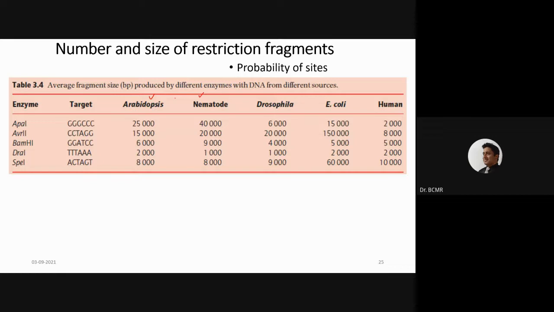This indicates that the genome is not an absolutely random distribution of nitrogenous bases. One more thing to remember is that the table indicates an average fragment size. Don't take it as absolute; they have calculated the average. Even then, it does give us some insights into the nature of genomes itself.